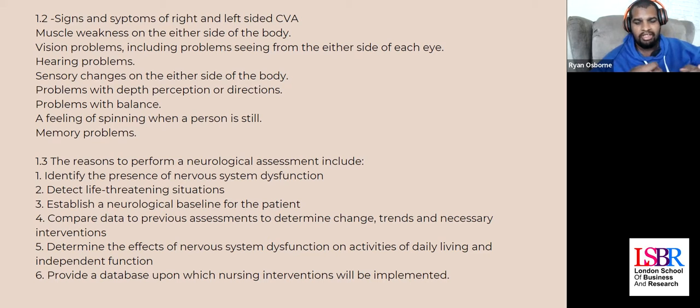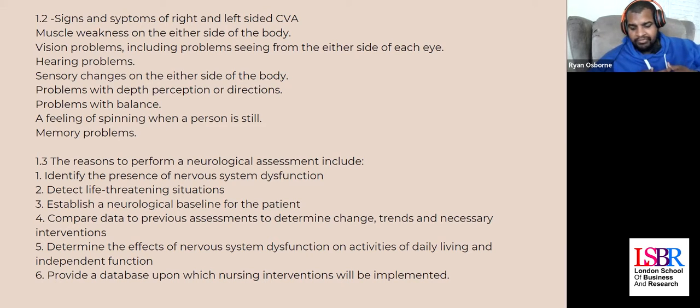So if people are in a particular room, they may not be able to sense things that are around them. So on their left-hand side or on their right-hand side, people may not be able to feel what is on either side.